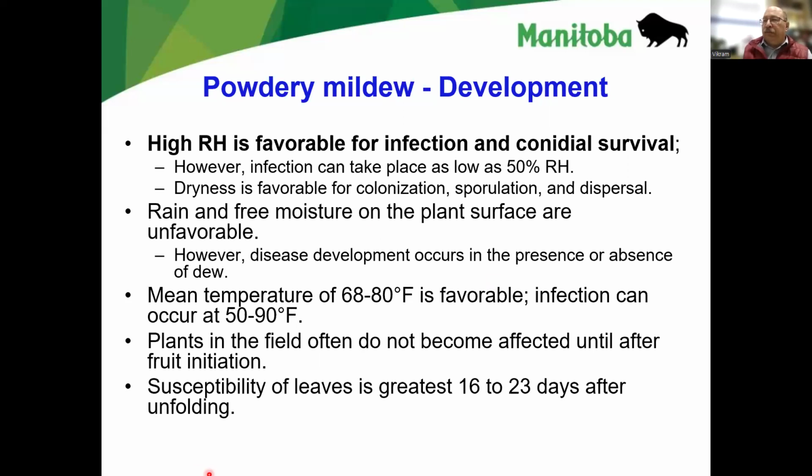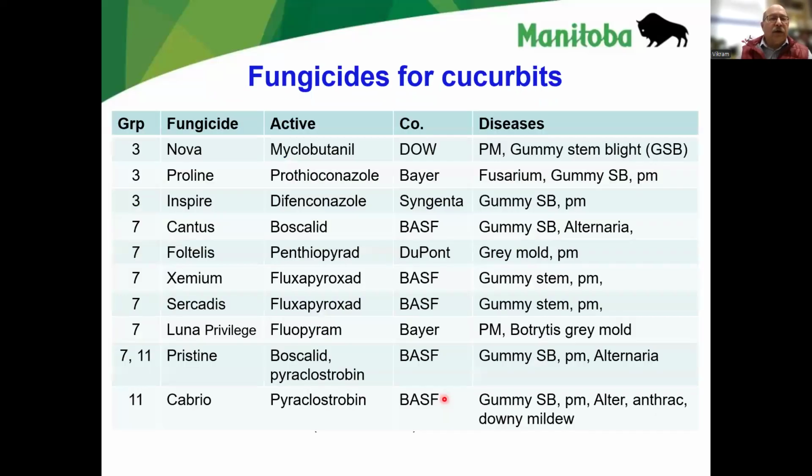So here, one of the important things to note is that 16 to 23 days after the young leaves are unfolded, if you see powdery mildew around the vegetable garden, then it will be good to put some fungicide applications. And here is the list of the fungicides.